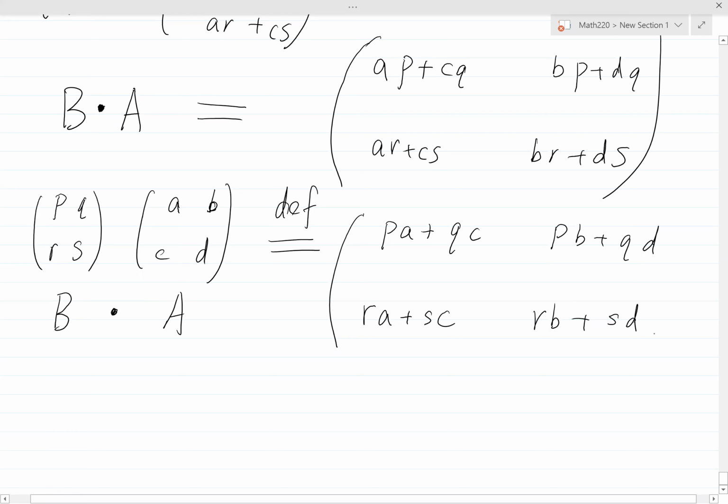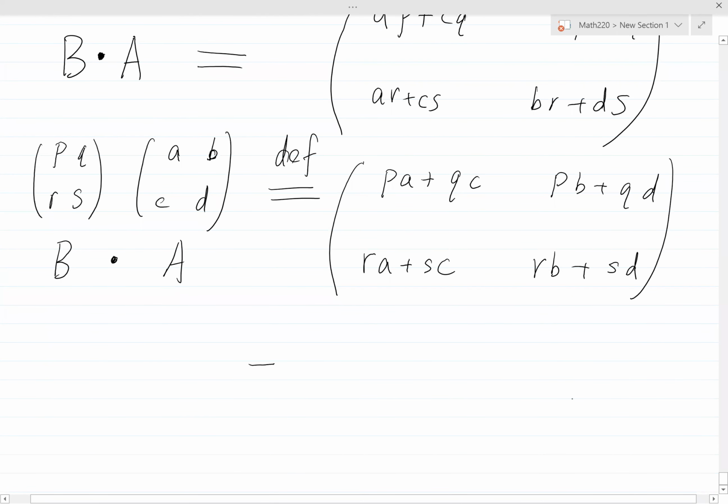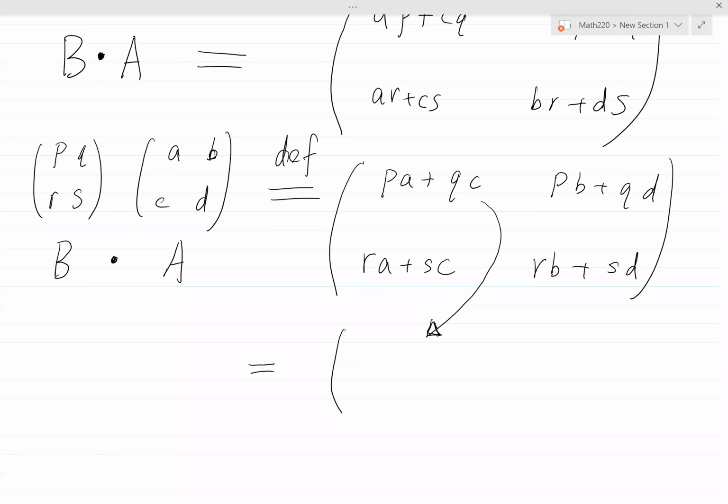How does this make sense? Now, the first entry is nothing else but the dot product of PQ with AC. So this is row R1 dot column C1. So this is R1 of B dot product with C1.